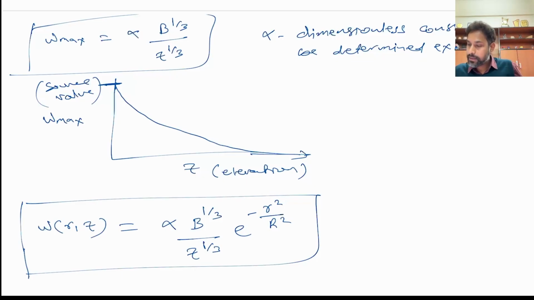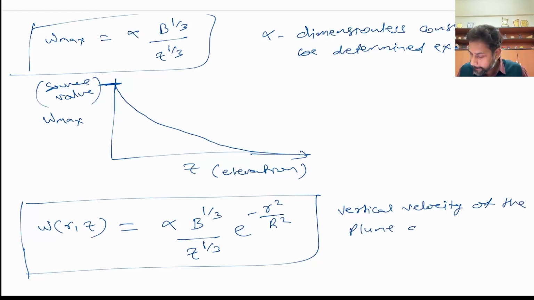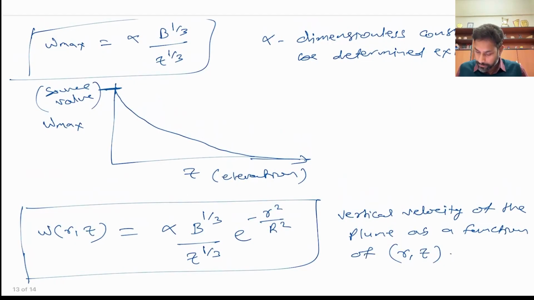So this is the equation we get for the vertical velocity of the plume as a function of r and z, right? Where capital R, that's the radius of the plume, is still not defined. So we are going to define that soon.